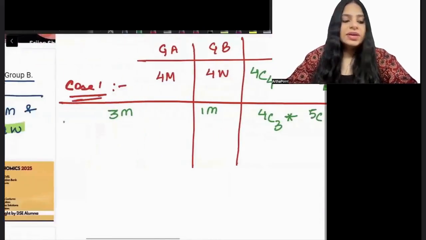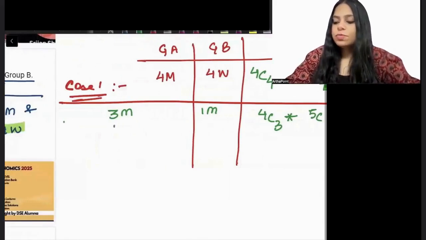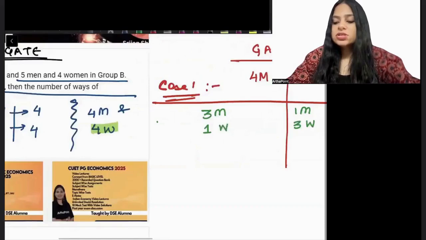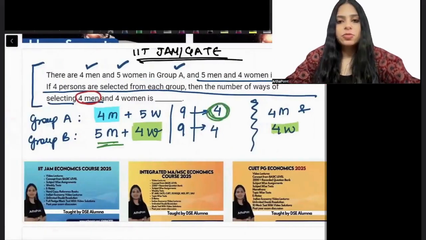Right? Then what I'm going to do, now I need 4 women also. So from group A, I am going to select 1 woman. And from group B, I'm going to select the remaining 3 women. Because the point is that in total, I just need 4 people from each group.